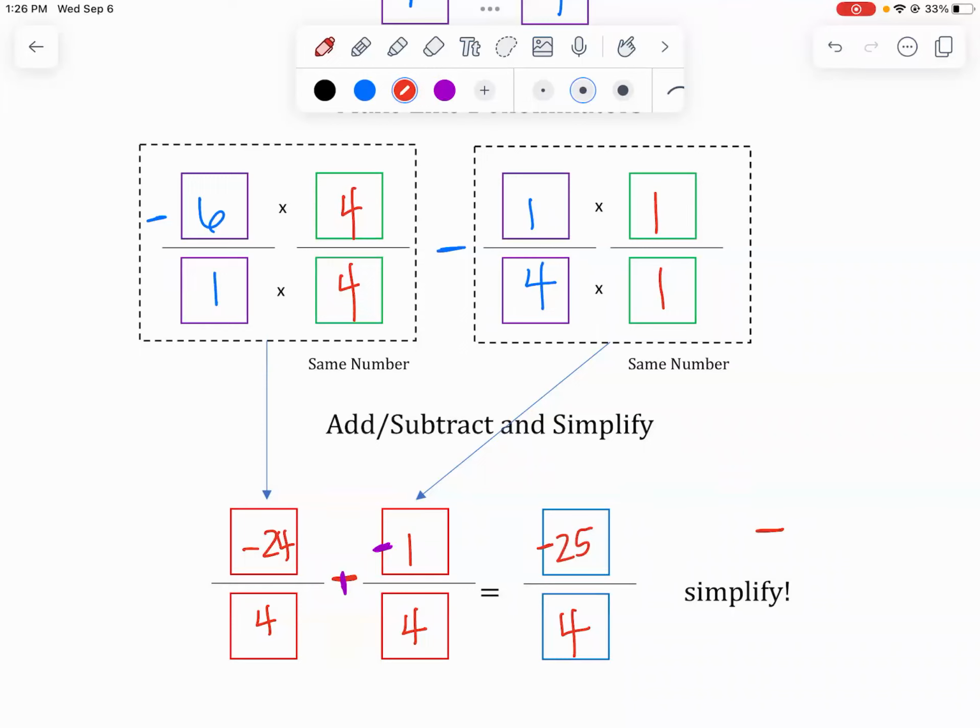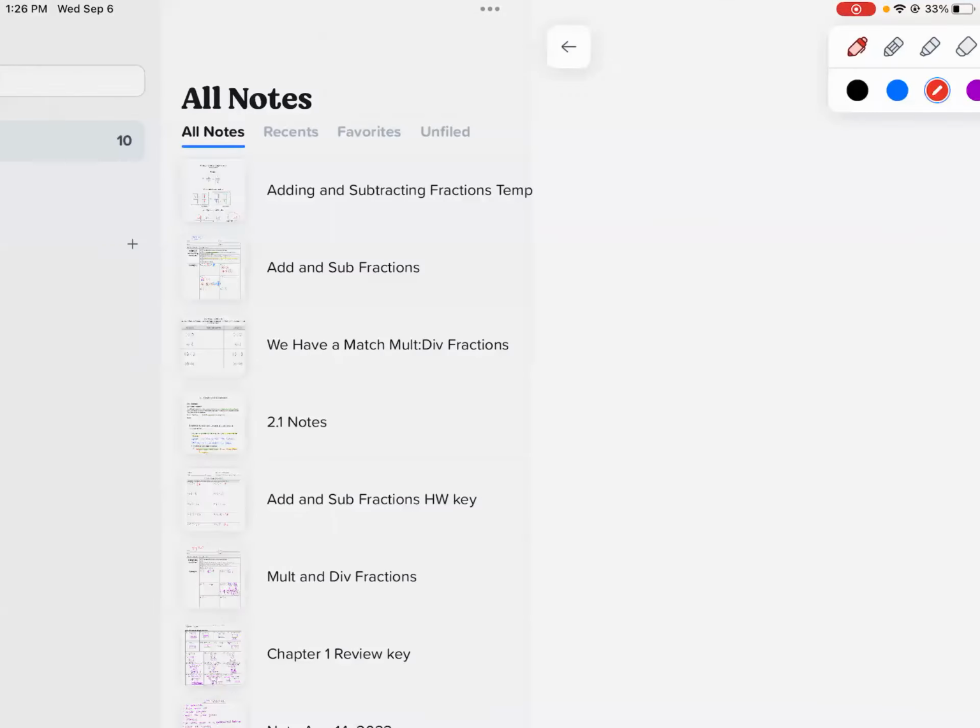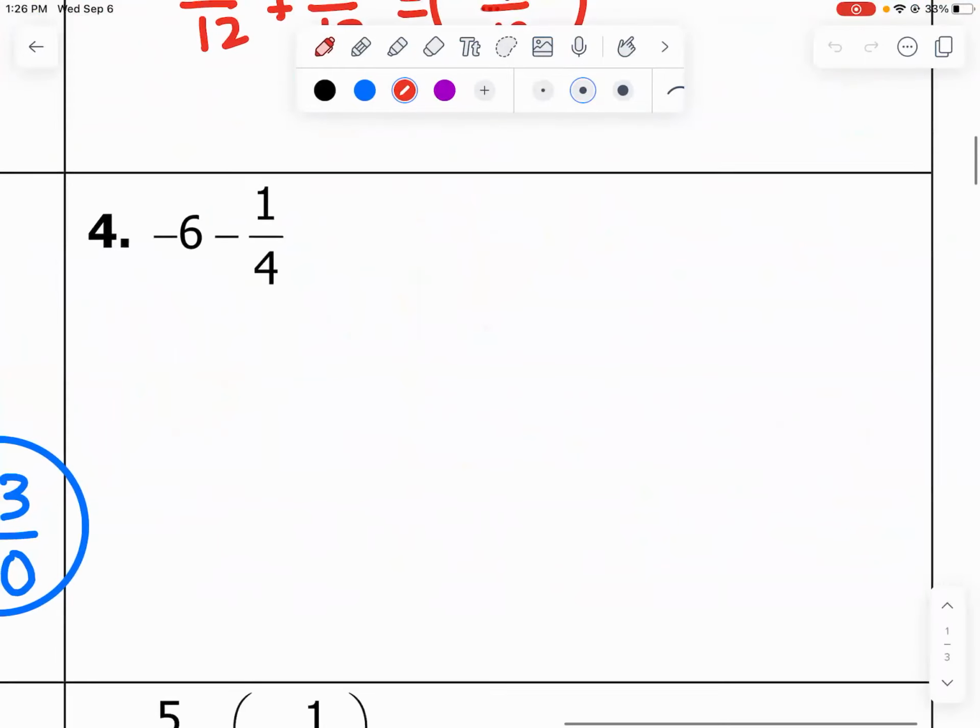And what's 4 times 6? So how many are left over? So this is negative 6 and 1/4. Okay. So now I want you to write that in your paper notes.